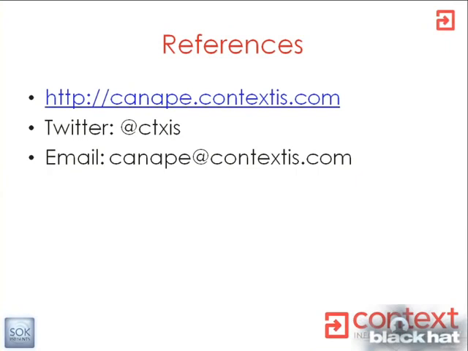Any more questions? Yes. How many parsers do you have? So how many parsers do we have for CANAPE? Of the built-in ones, there's only a couple of basic ones, mainly for infrastructural reasons. So HTTP, for example, is a built-in parser.